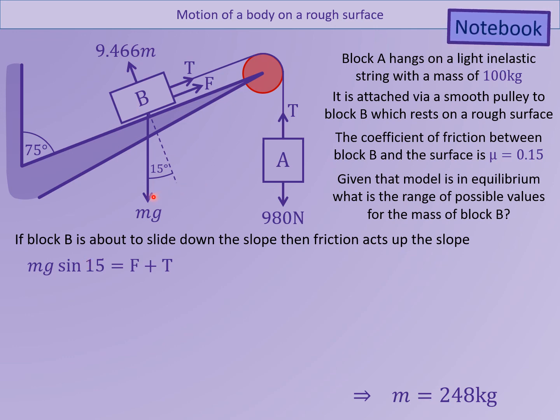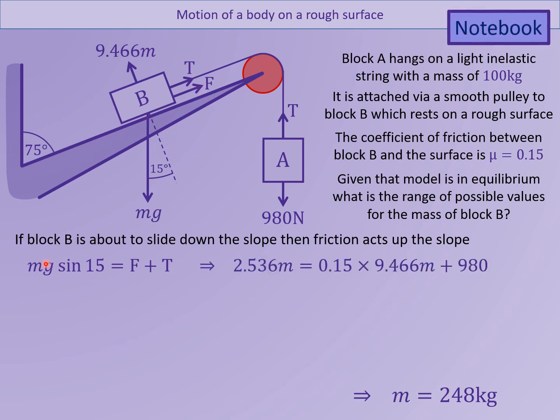I've got this weight here, so that's mg sine 15, or mg cos 75 if you did it with 75. The reason why it's not moving is because the frictional force and the tension from this weight pulling here, these two forces, are equaling it out, just. Any more weight and it's going to overcome them, but at the moment it's equaling them.